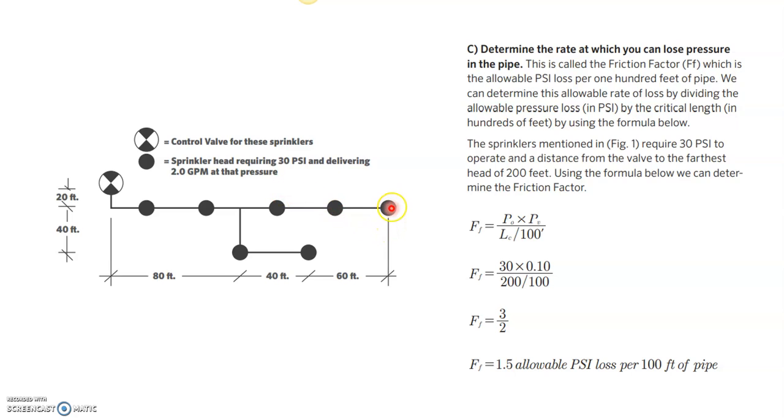So we need to maintain uniformity so that the pressure difference must not be greater than 10 to 20%. We need to keep that in mind.